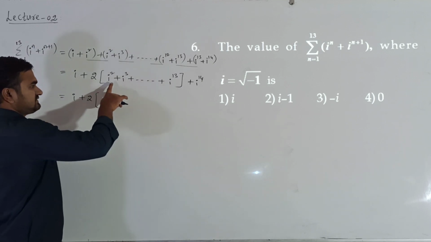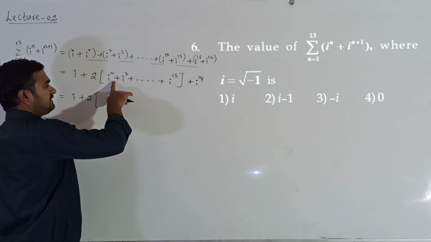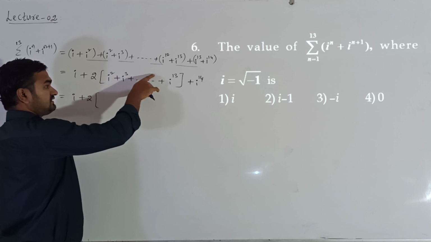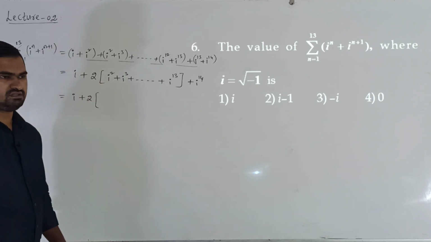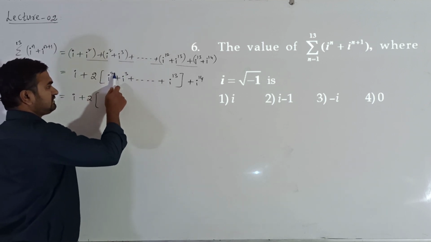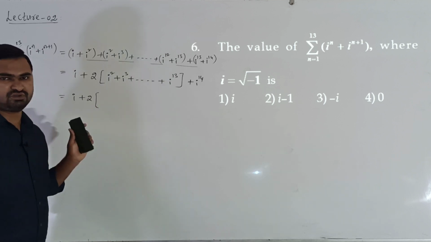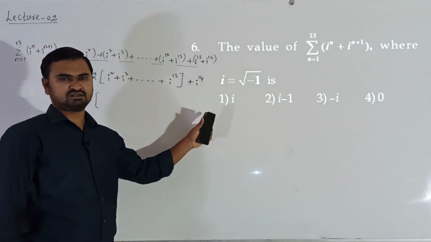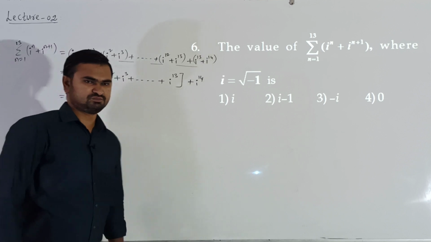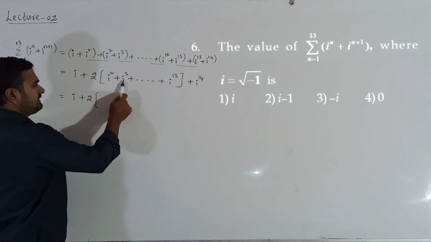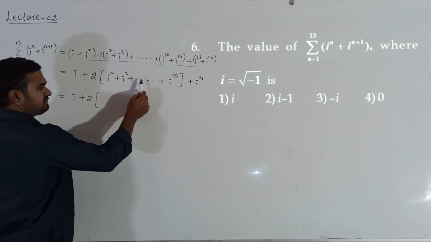If you observe this, we have sum of i powers where powers are consecutive integers. So whenever we have i power sum of consecutive integers, if we take 4 terms, the sum will be always 0. So from i square, i cube, i power 4, i power 5.